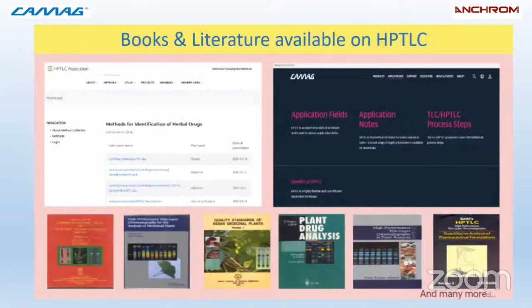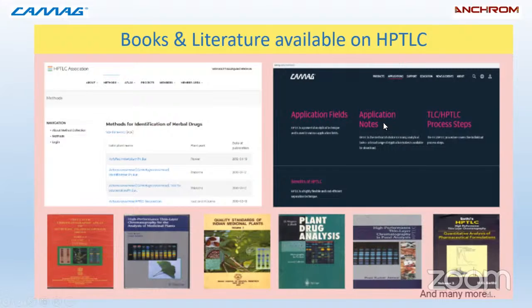This slide represents various books and websites, which you can use as a reference for your particular analysis. This is the image of the HPTLC Association, in which they have developed more than 270 methods for different herbs and different plants. This is the image of the CAMAG website.